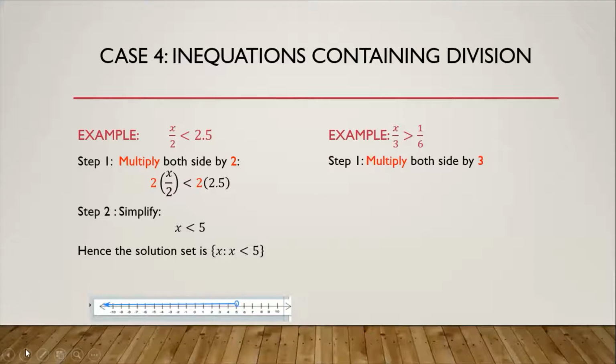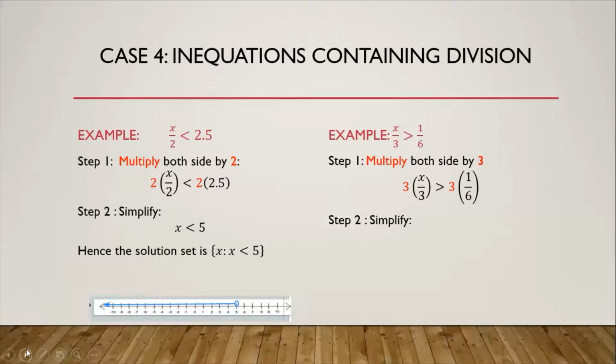And then how would you state that in a book? You're just going to write 3, open bracket, x over 3 greater than 3, open bracket, 1/6. Remember that the bracket implies multiplication, so you don't need a multiplication sign. At that stage, you're just going to simplify.